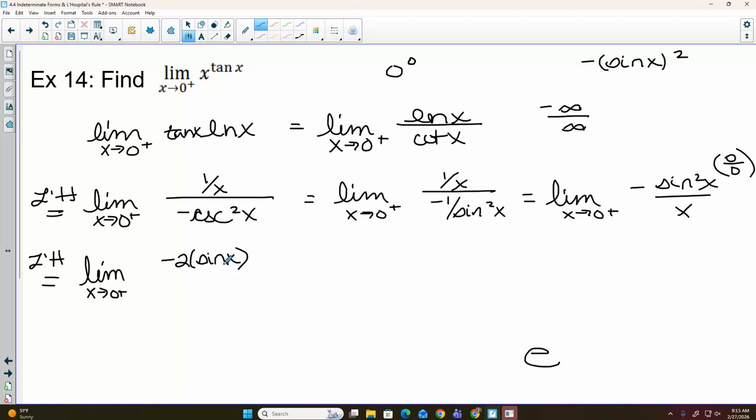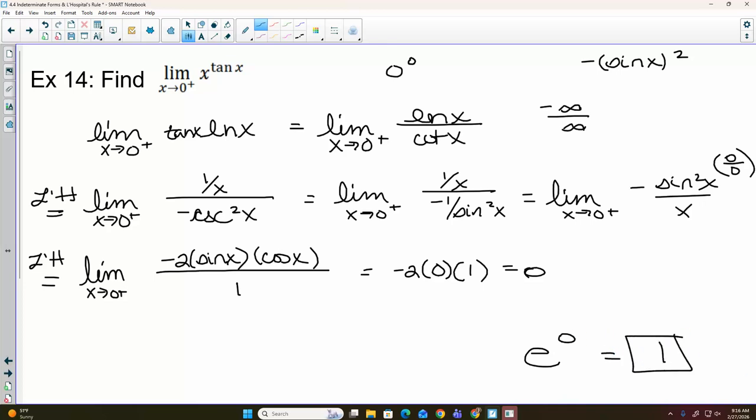Subtract 1 from the power, so it's just to the first, times the derivative of the inside, the derivative of sine is cosine, over the derivative of the bottom, the derivative of x is 1. So at this point, we can evaluate. We have negative 2, sine of 0 is 0, cosine of 0 is 1. And we get 0. So my answer is e to the 0 power, or 1.